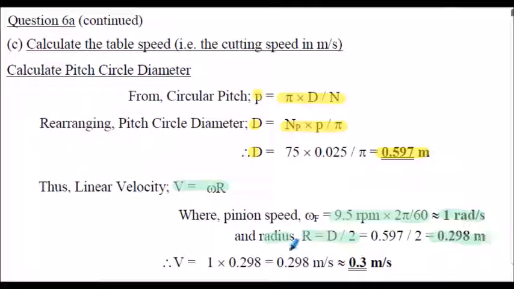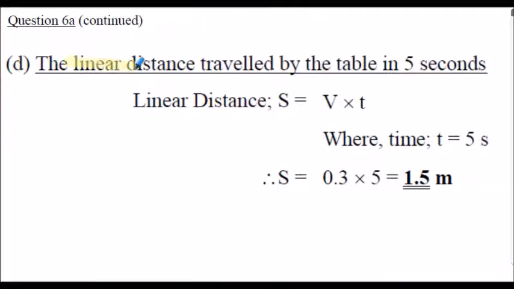So V is equal to omega r, V is equal to 1 times 0.298. I said approximately 0.3 meters per second. The last part, you've got to find the linear distance travelled in 5 seconds. So distance is velocity times time. Time was 5 seconds, so the distance travelled is 0.3 meters per second times 5 seconds, 1.5 meters I get.